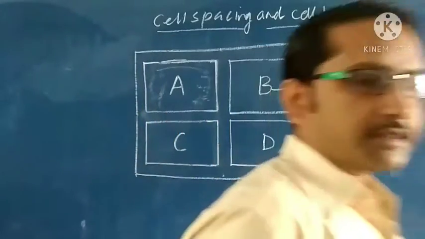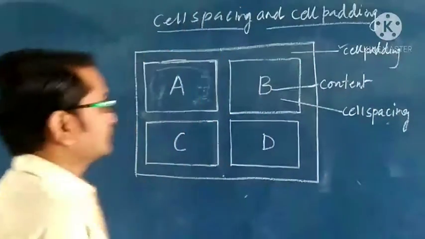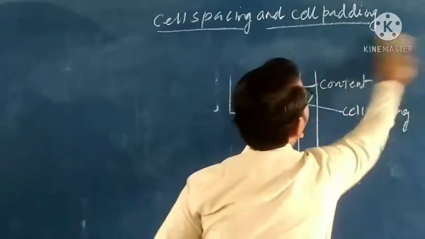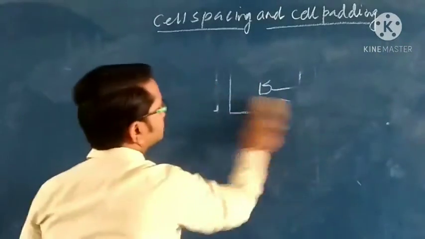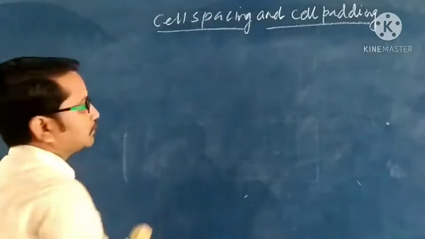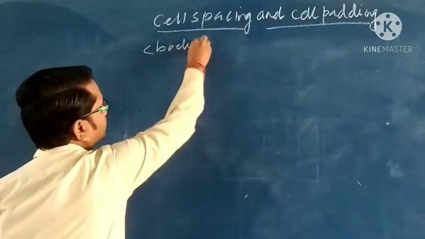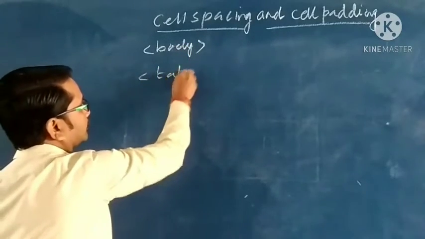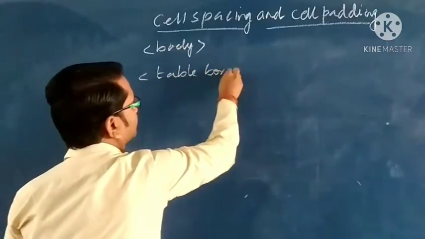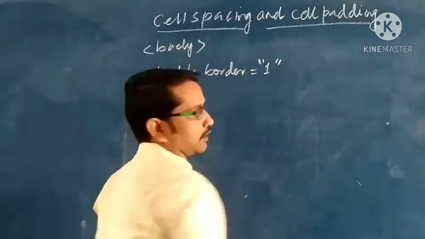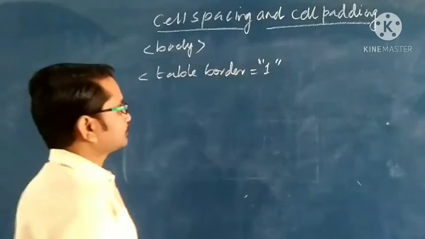So how can we write this in code? Let us understand. First of all, from body we started table. In table we have mentioned border equals to 1. This is the attribute we have used in earlier programs.